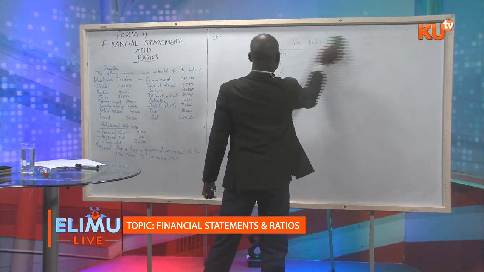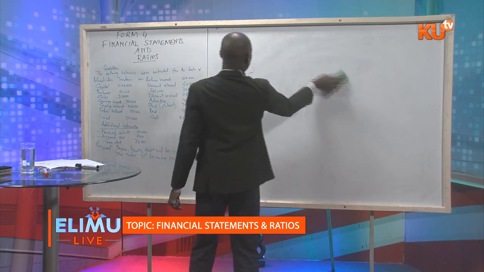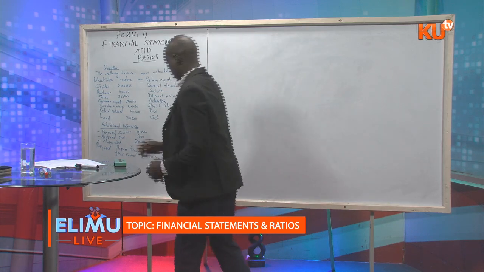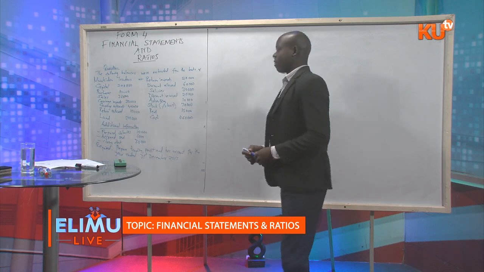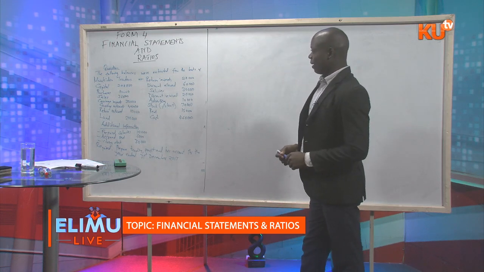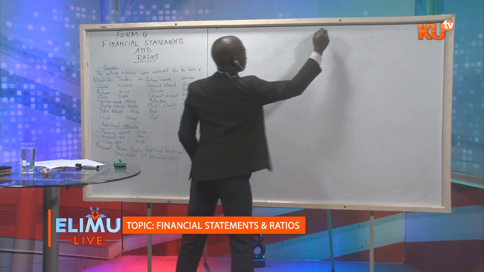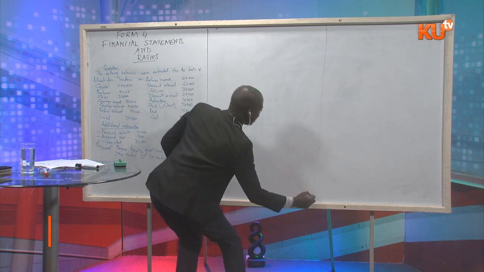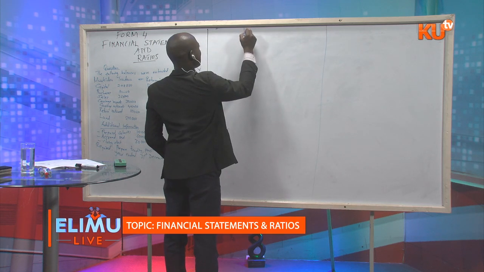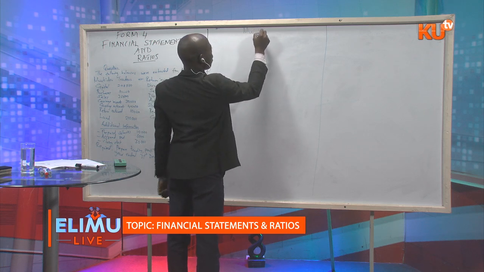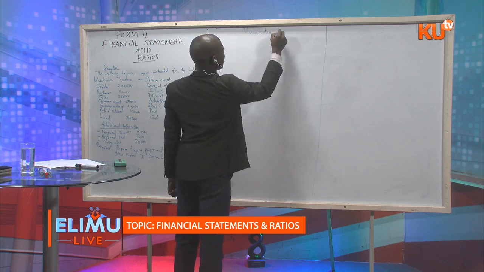So let's handle this question and see what we need to prepare. We have Mwakideu traders, that is the name of the business.